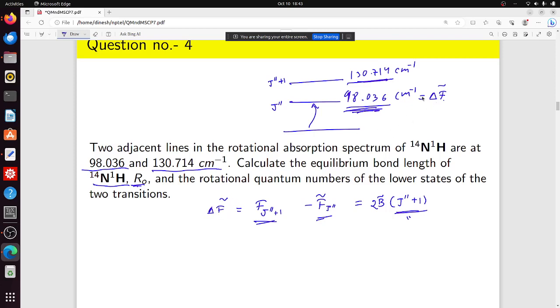So what is this? This is the energy required to excite the state from its previous state to this state. Let's write this.